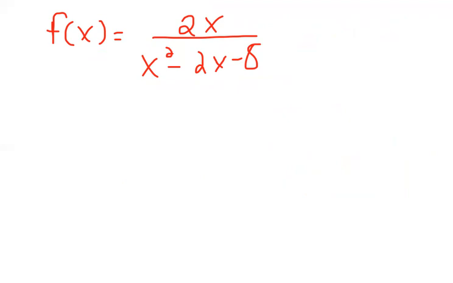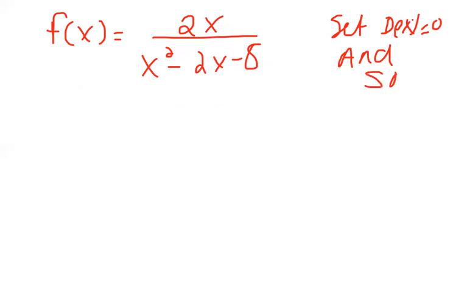So the first thing you have to think about is, what values would make the denominator equal 0? Whatever those values are, you want to restrict them from being a part of the domain. So what you do is you set the denominator equal to 0 and solve it, guys. And that will give you the restricted values. And then you use that to write your interval notation.